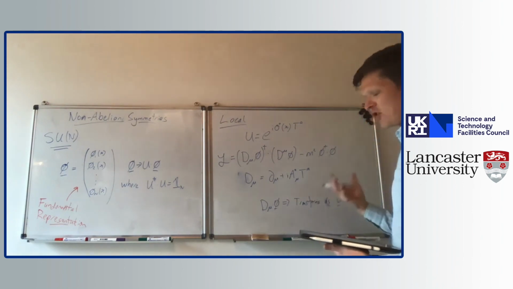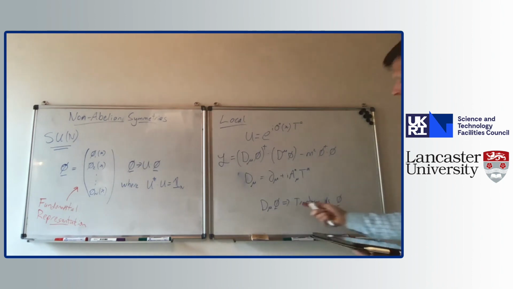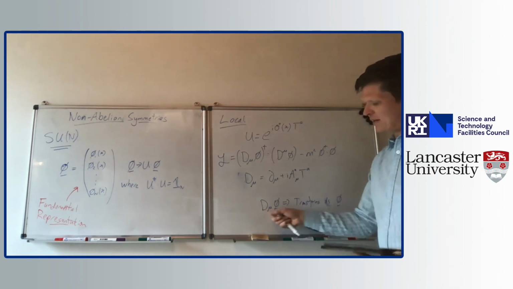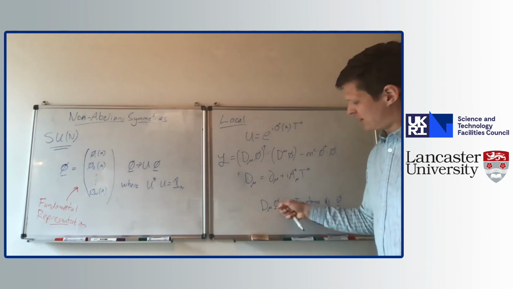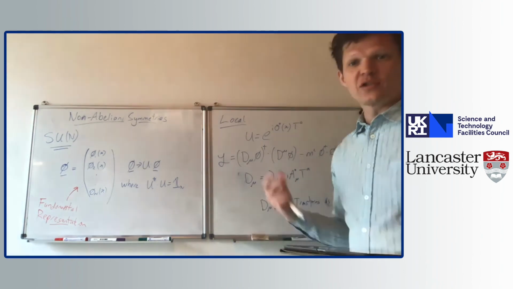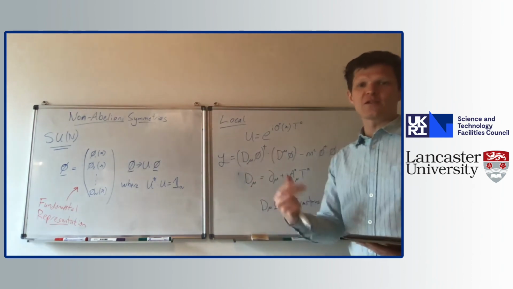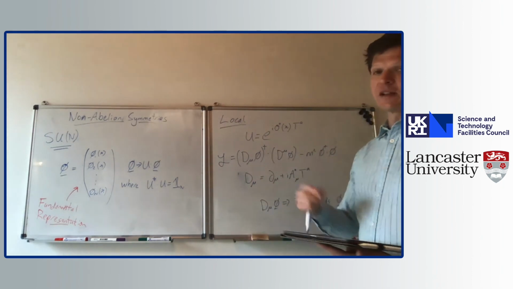So it doesn't really change the transformation properties. If we build the theory out of blocks like this, we know that it transforms in the same way that a fundamental transforms. So if we contract it with other things that transform as fundamentals, we can easily build a theory that is invariant.